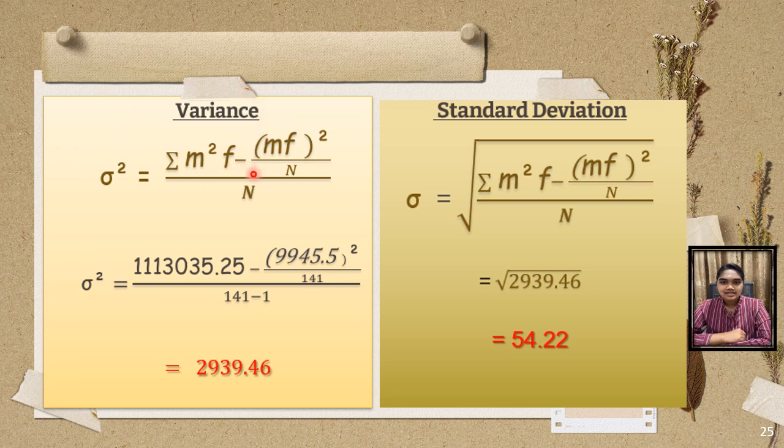We directly substitute and get 2939.46. For the standard deviation, called sigma, we substitute the value of variance into the square root and get 54.22.